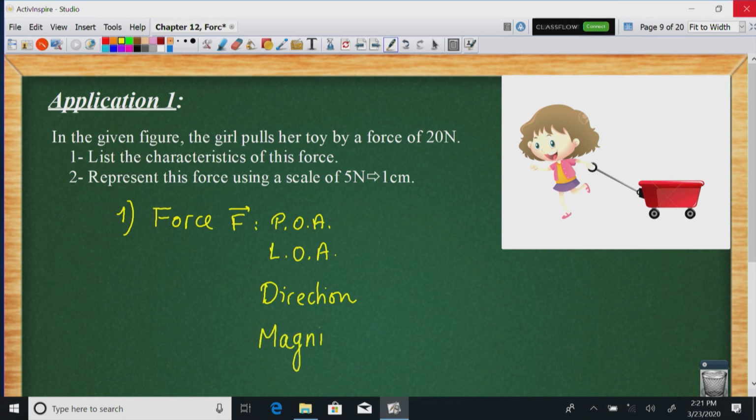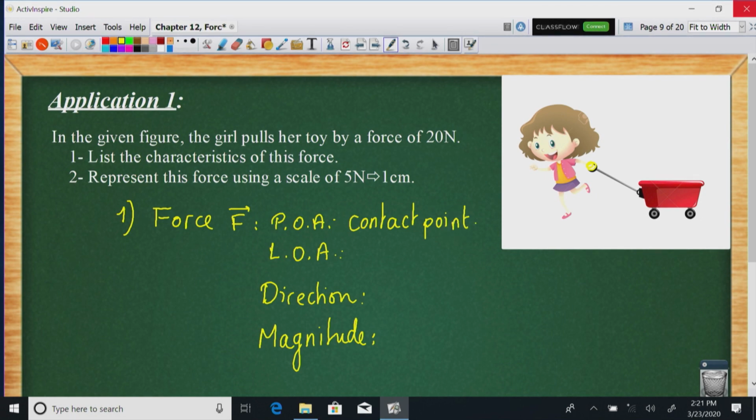Now, so what do you think about each characteristic? What is it? So it's the point of application where that force is applied. Obviously, the girl is holding the toy at this point. So the point of application is the contact point between the girl and the toy.